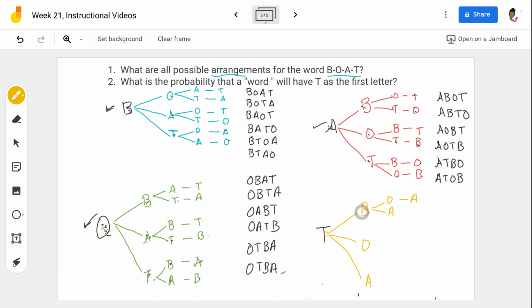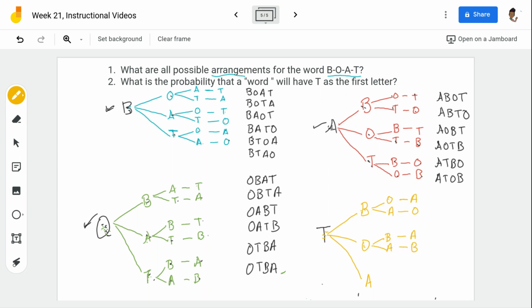If I use TBA, then an O remains. Well, what if I use a T and an O? Then I have remaining the letters B and A. Well, if I use TOB, then an A remains. If I use TOA, then a B remains.